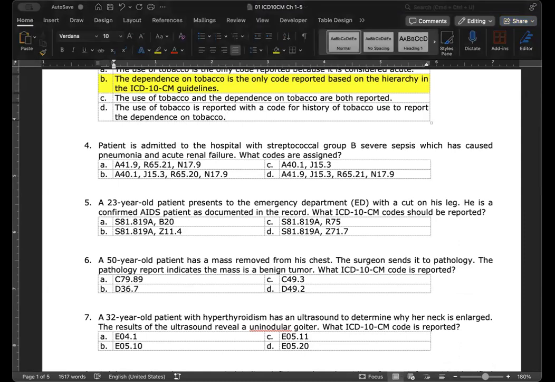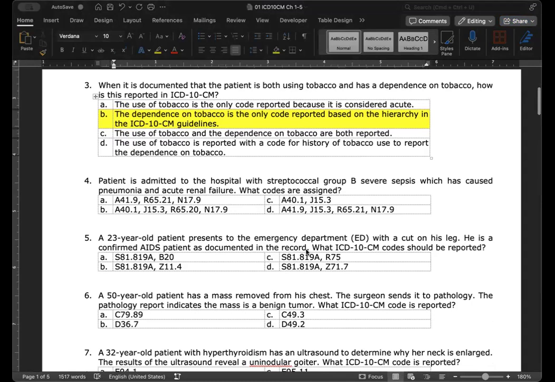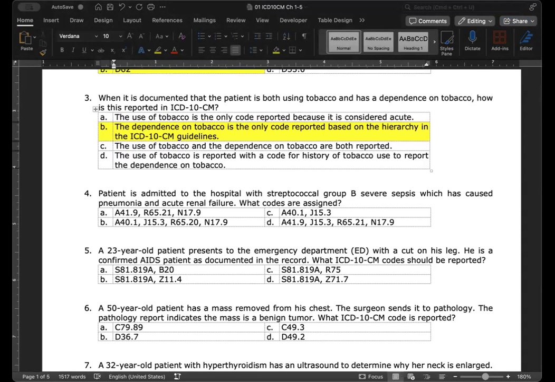Perfect. Number 4, a patient was admitted to the hospital with streptococcal group B severe sepsis, and that has caused pneumonia and acute renal failure. So let's look at this one from a process of elimination standpoint.